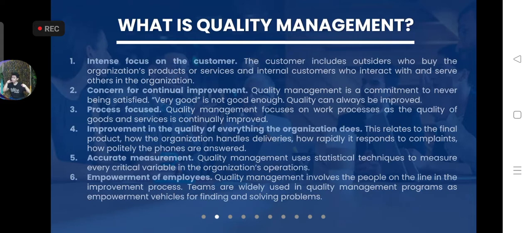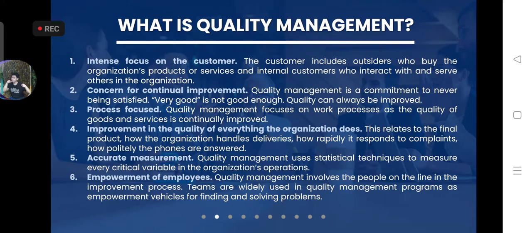First, intense focus on the customer. The customer includes outsiders who buy the organization's products or services, and internal customers who interact with and serve others in the organization.